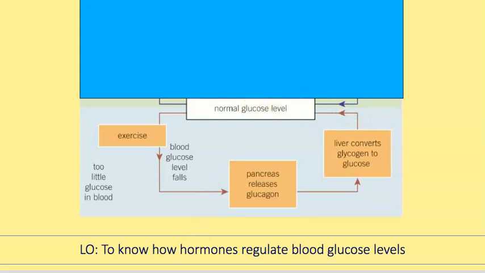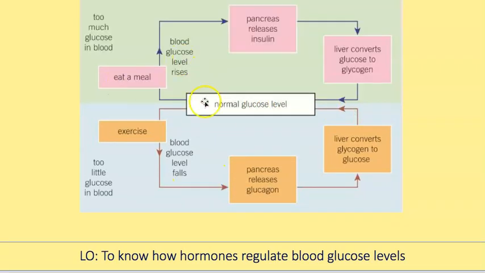Okay, so if we have a look at those two diagrams together, this is what it looks like. Make sure you've got a copy of that. If you need to pause it, that's absolutely fine. So you've got normal glucose level, blood level rising, blood level fall, and what happens to get them back to normal. Remember, this is an example of negative feedback. And negative feedback is when something moves away from the normal, your body responds by either bringing it back down or pulling it up.